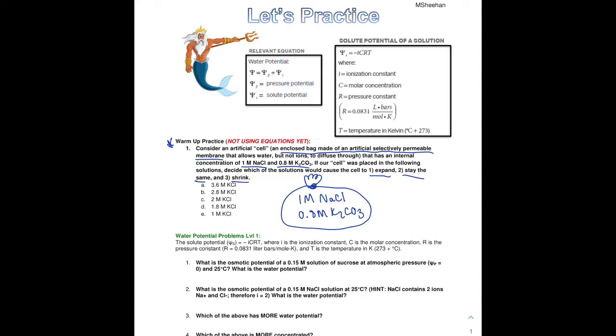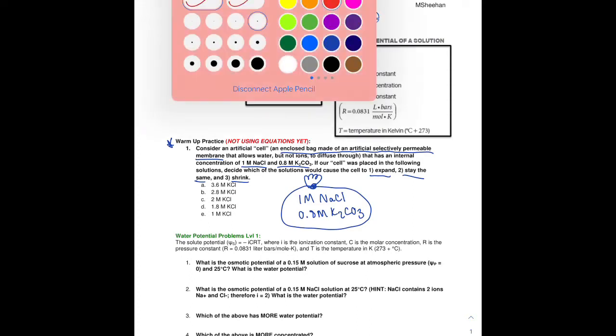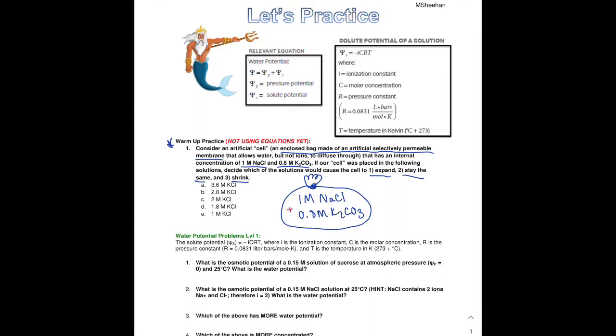So that is the concentration inside of our artificial cell. We know that our total concentration would be 1.8 molar.